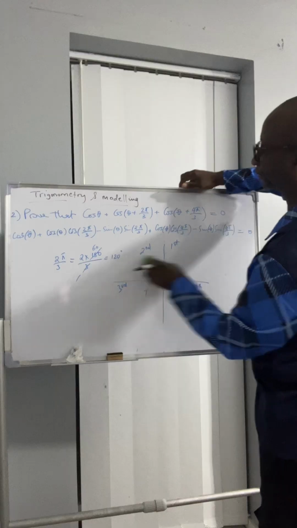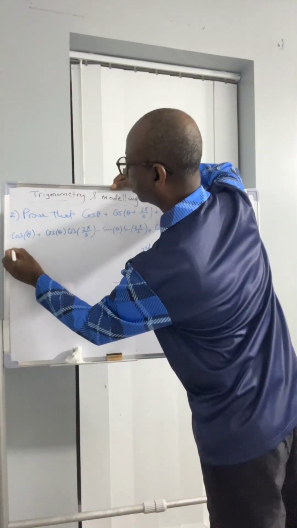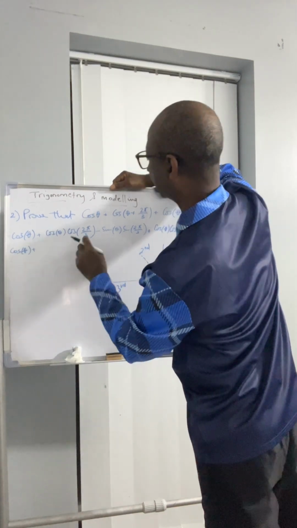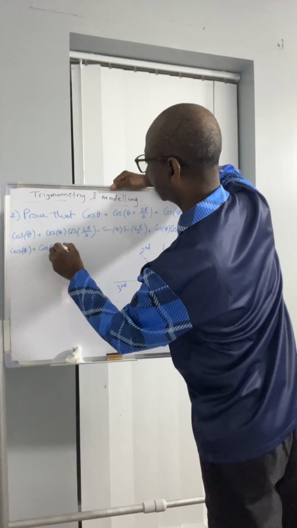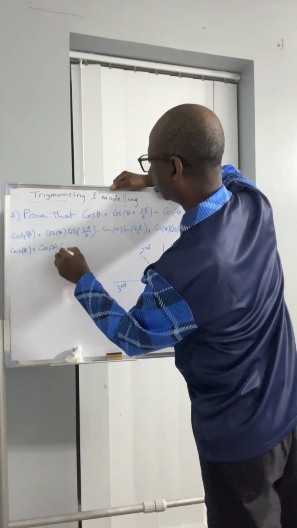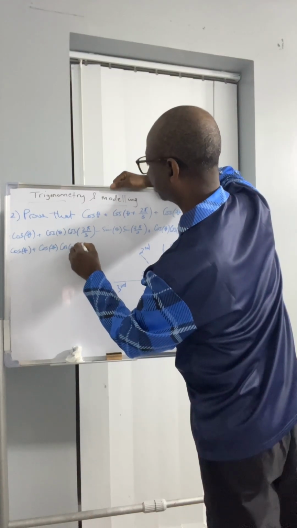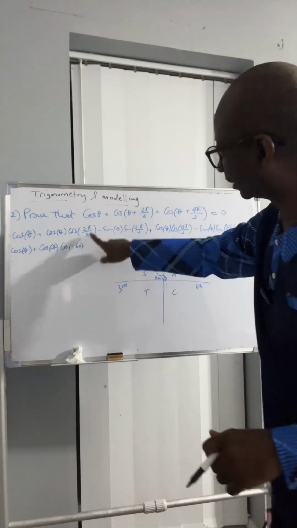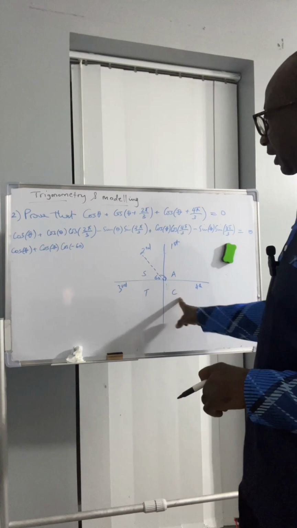So therefore, this one becomes still cos of theta plus now the cosine of theta times the cosine of minus 60 degrees. I put minus because this is 60 degrees, but it falls on the second quadrant, not on the fourth quadrant, so it's negative.